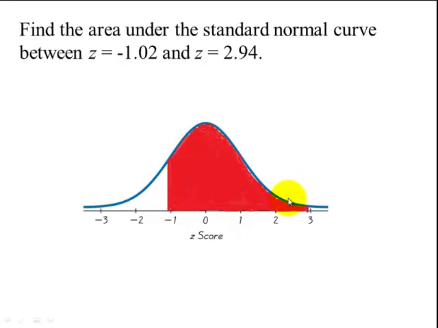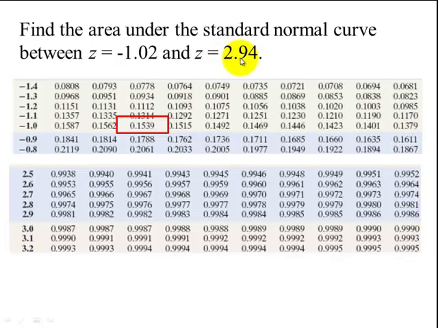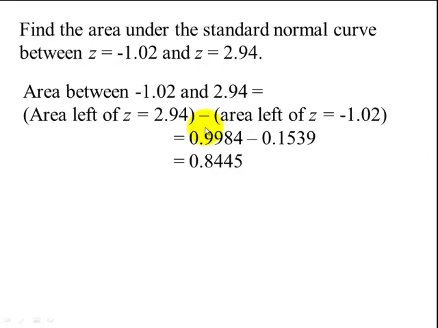So our first step is we're going to calculate the area corresponding to this value and the area corresponding to this z, and we're going to subtract the two. For the first one, it's 0.1539. For the next z, 2.94, we get 0.9984. And then we take those two areas and subtract them, and we end up with 0.8445.